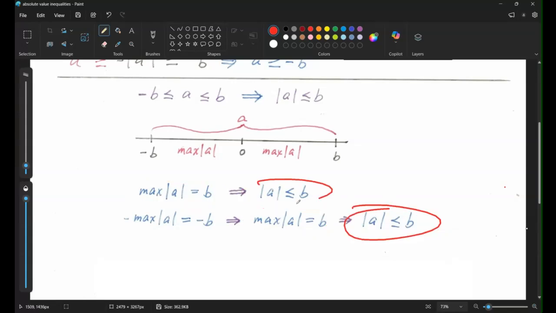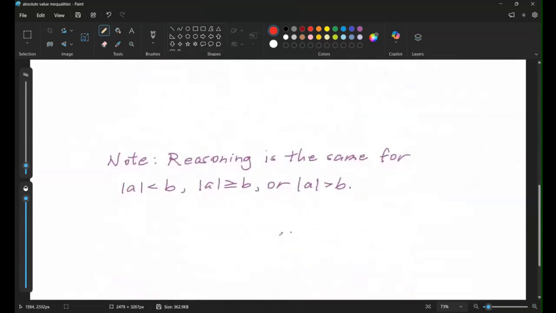And we see that either way, we get this same statement coming from here. So that's basically it. In closing, let me just point out, you have three other inequalities: less than, greater than or equal, or just greater than. I'm not going to do them, but you could use the same reasoning to figure out all the other three as well.